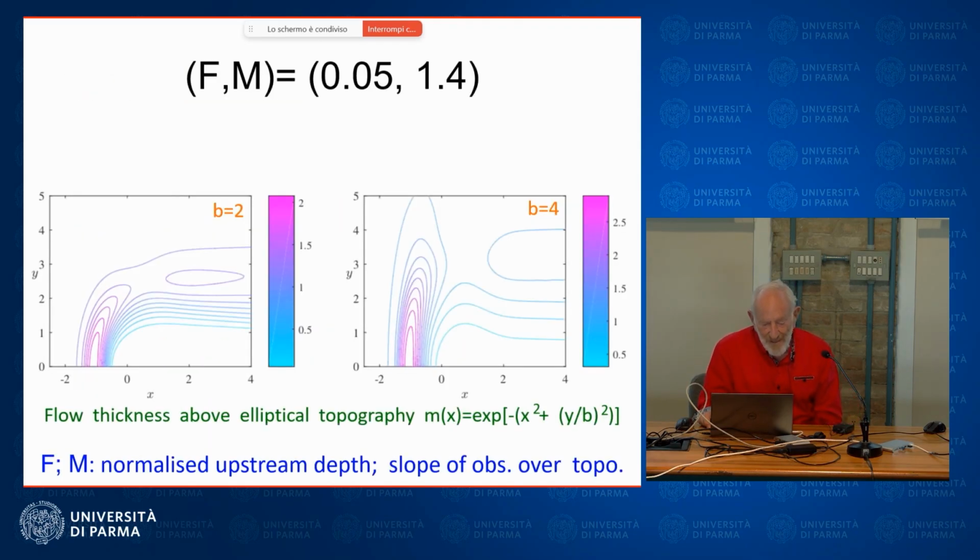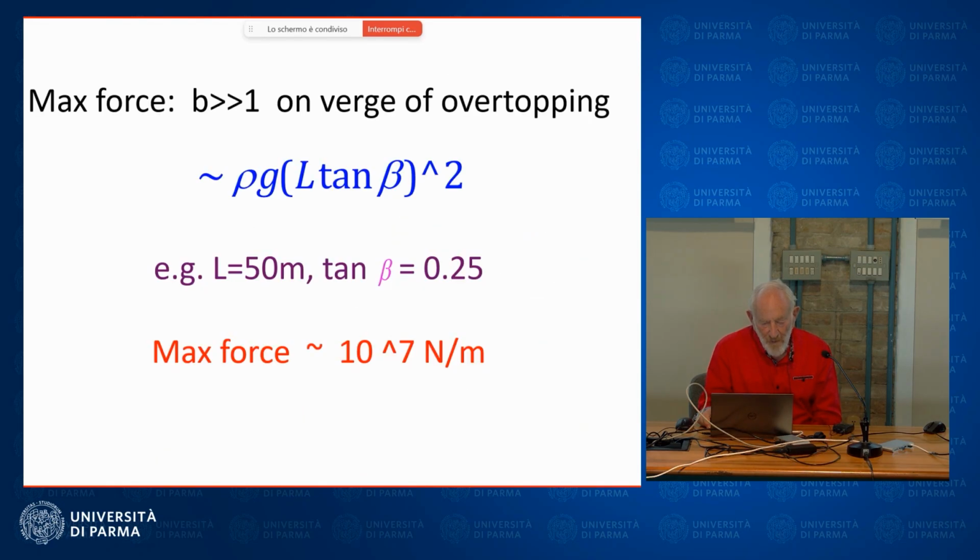Now, here we look at elliptical topography because I wanted to stretch it out and look what happens if you have a wall, which you can describe by making B very large. Okay.